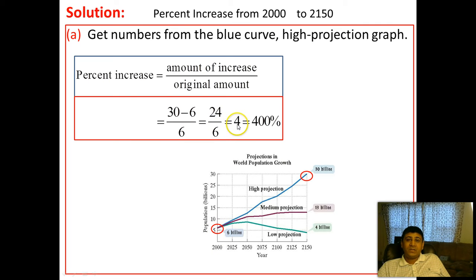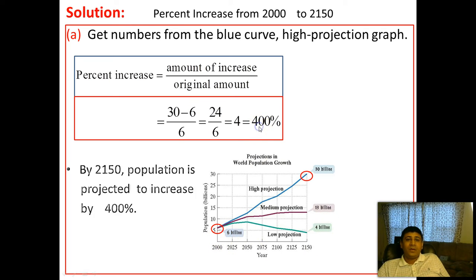So it is 4 here. If you convert 4 into percentages directly, this means if it was 1, it means 100%. If it was 2, 200%. It's 4, so it's 400% right there. So if you follow the high projection, the population increase will be 400%.